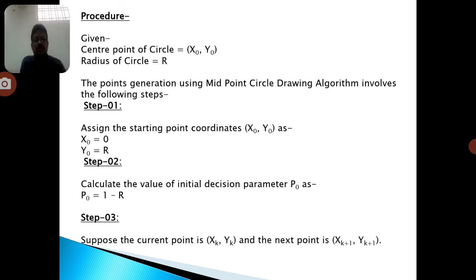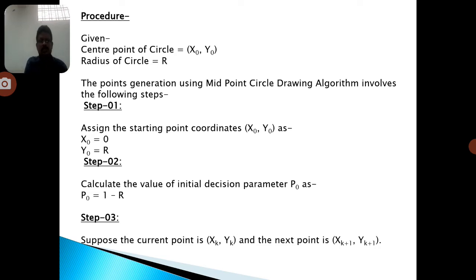Now we are going to see the procedure of this particular midpoint circle algorithm. The given center point of the circle is x0, y0 and the radius of the circle is r. This is the common factor in both Bresenham's and the midpoint circle drawing algorithm. Point generation using the midpoint drawing algorithm involves the radius value and the center point of the circle x0, y0, because y0 here equals r.